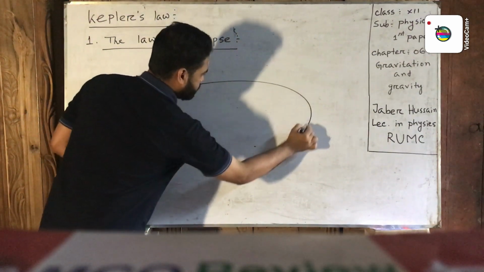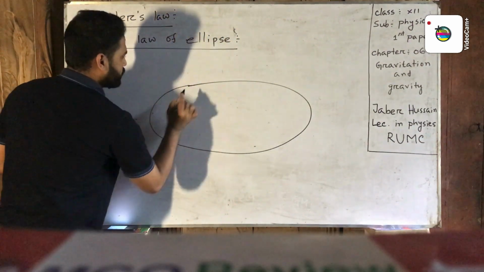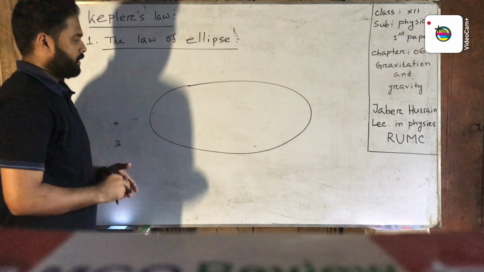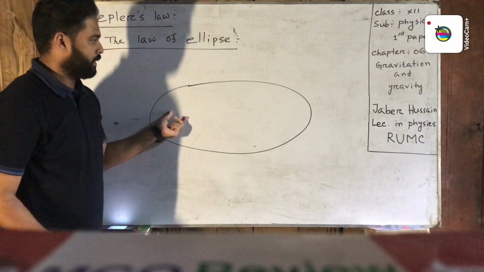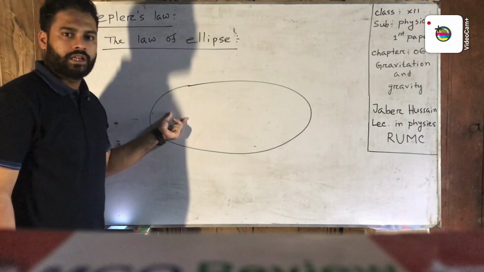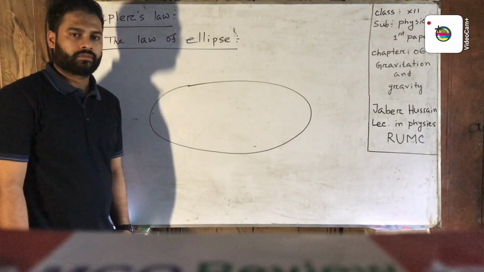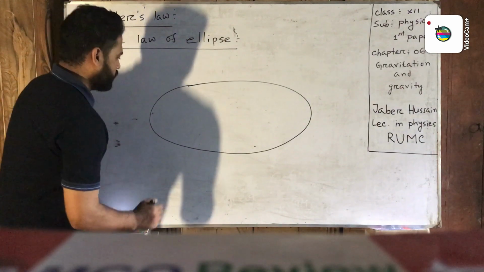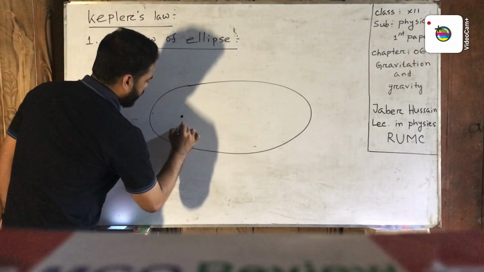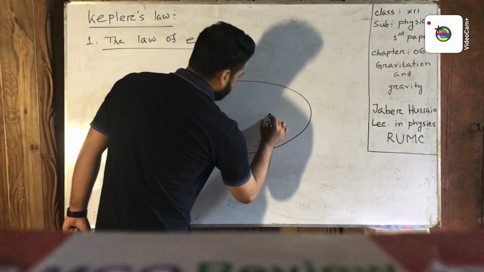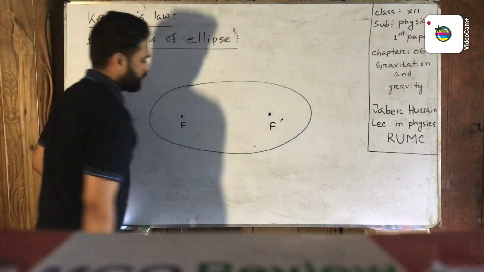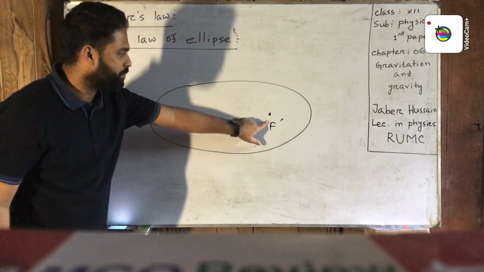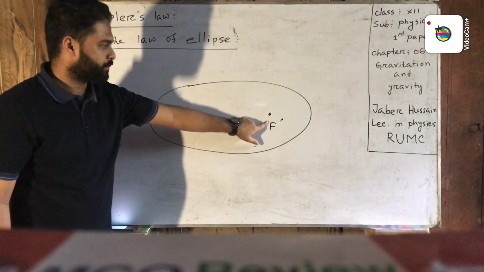Look at the figure. This figure shows an ellipse. Every ellipse has two centers. These two centers are called focus. In this figure, F and F prime are two focus.